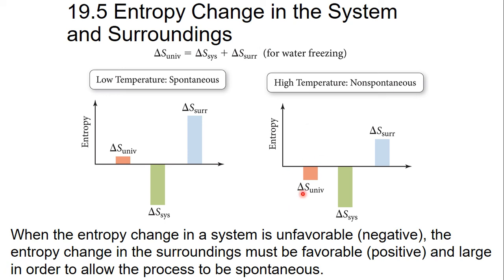And so here, at high temperatures, the entropy of the universe is negative. Negative entropy processes don't happen. So water does not freeze at high temperatures. It's non-spontaneous. However, at lower temperatures, the change in delta S surrounding is much greater. So now delta S universe is positive. That's a spontaneous process now.